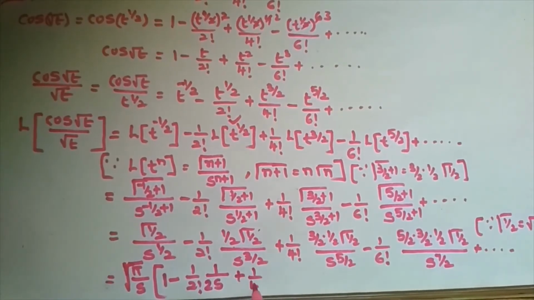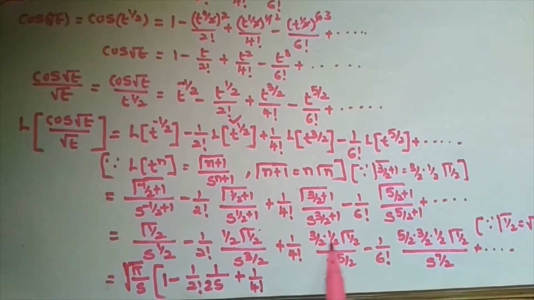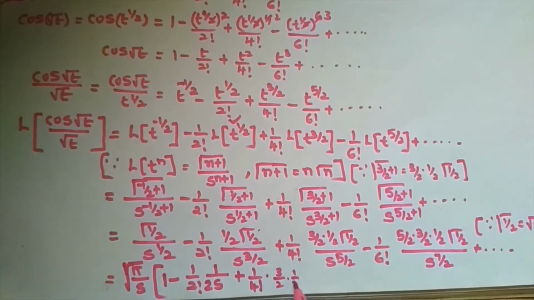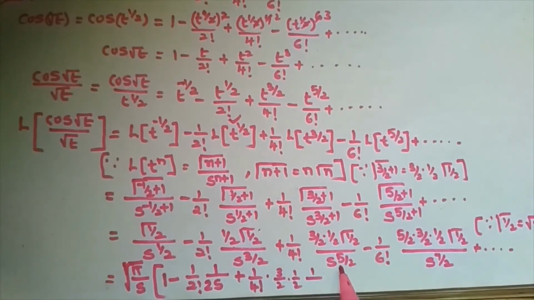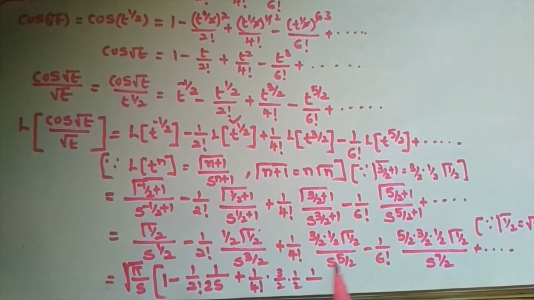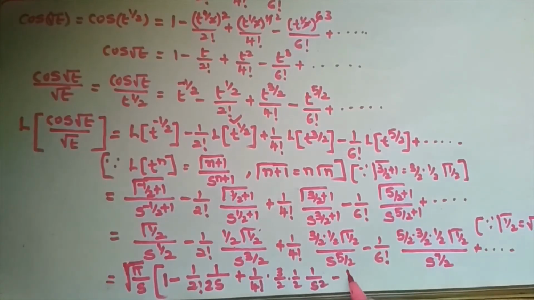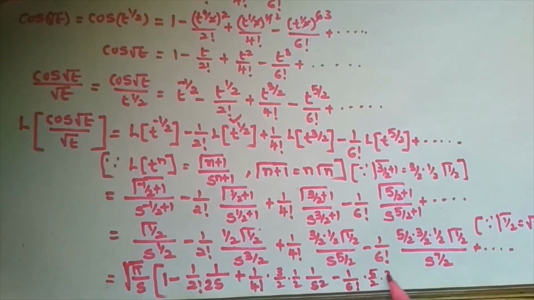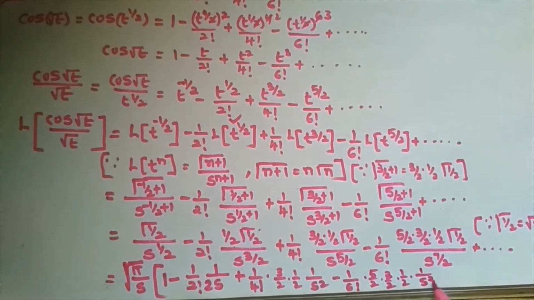Plus 1 by 4 factorial into, so here gamma of 1 by 2, s power 1 by 2 is common, into 3 by 2 into 1 by 2 into 1 by, here also s square, minus 1 by 6 factorial into, here 5 by 2 into 3 by 2 into 1 by 2 into 1 by s cube remaining, plus and so on.